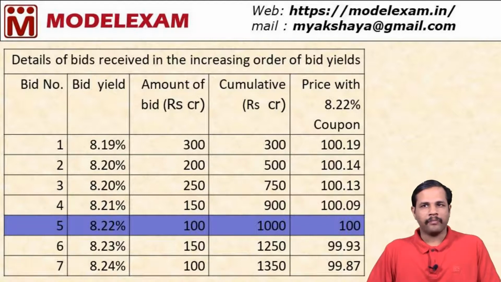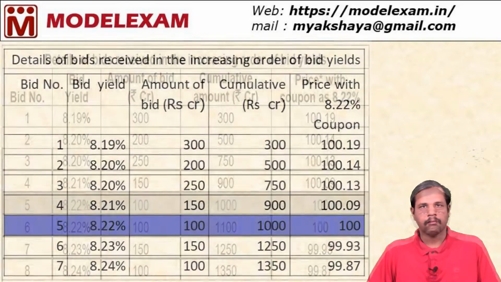But understand, price is calculated based on the cut-off yield. Cut-off yield is taken as the coupon rate, and the price at which cut-off yield is known is the face value or 100. So accordingly, every bidder has quoted different yields, and accordingly the prices are calculated. So this is an example. We will see a variation of this in the coming slide.